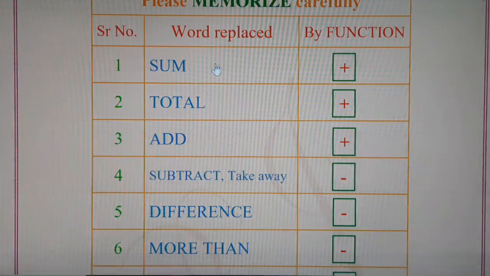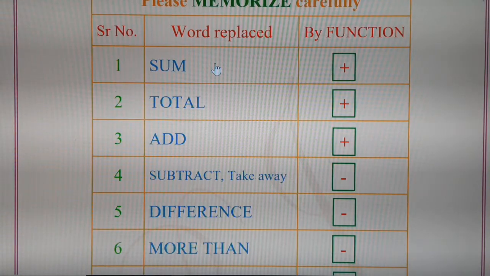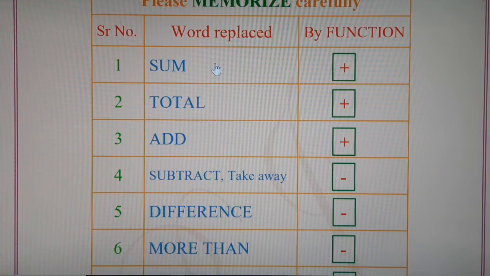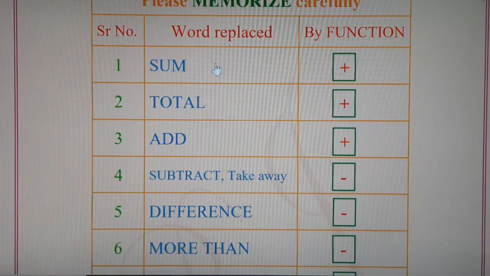The unknown number we can take as any alphabet. For example, we can take the alphabet x or Y or Z or A or B or any of the alphabets. But mostly in the textbook and most of the higher classes, there is a tendency to use the alphabet X or Y or Z, and in some cases the alphabets A, B and C are used.